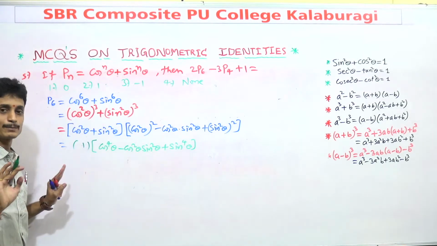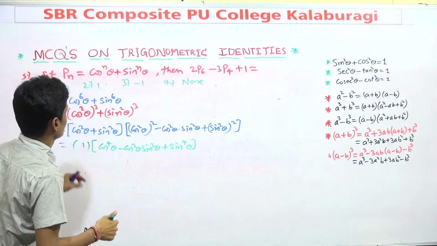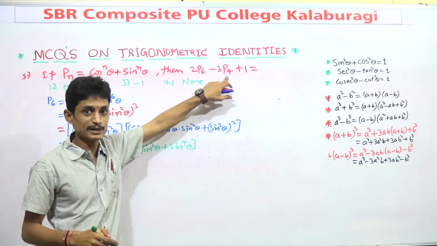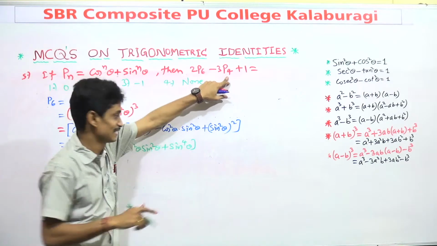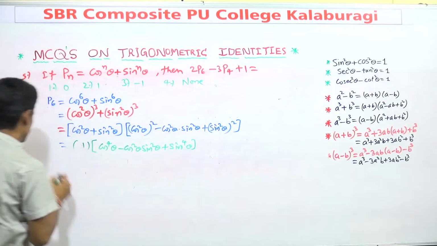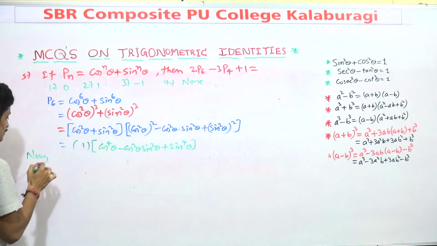I cannot simplify this further, because P4 means cos power 4 theta plus sin power 4 theta, and I will get that standard approach. That's why I will not simplify further. I will take the expression. Now, what is the expression?